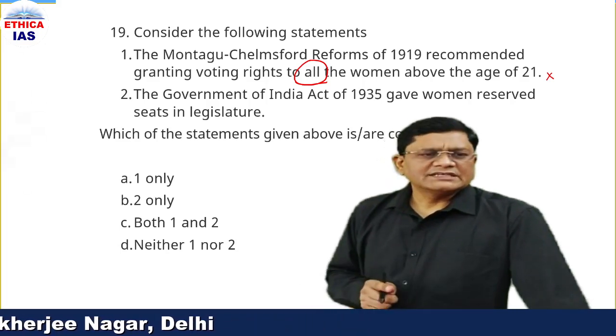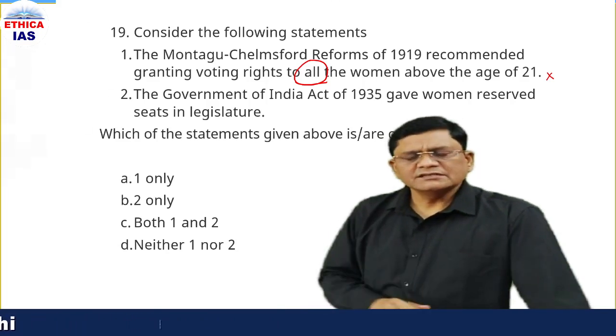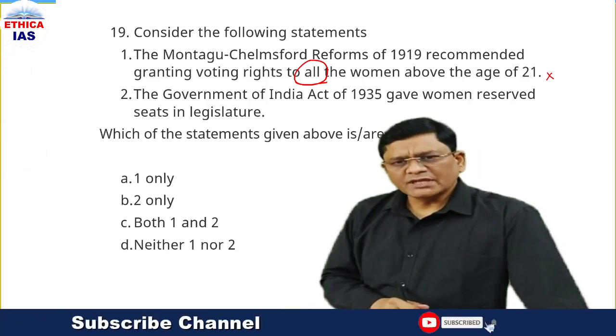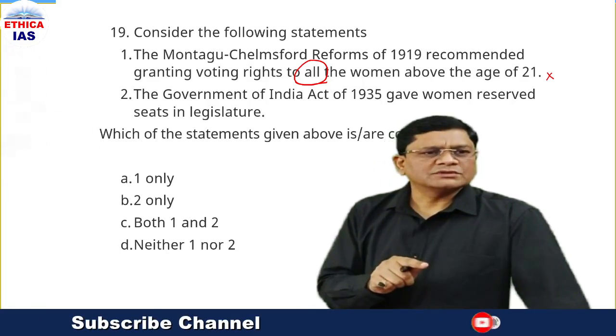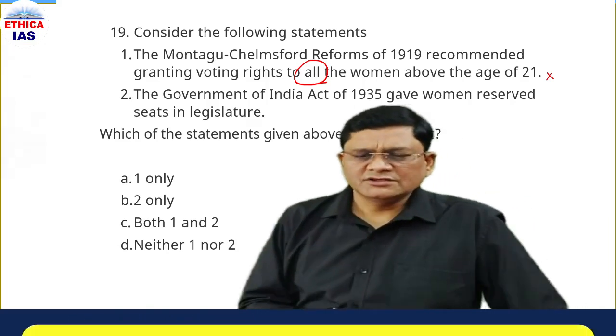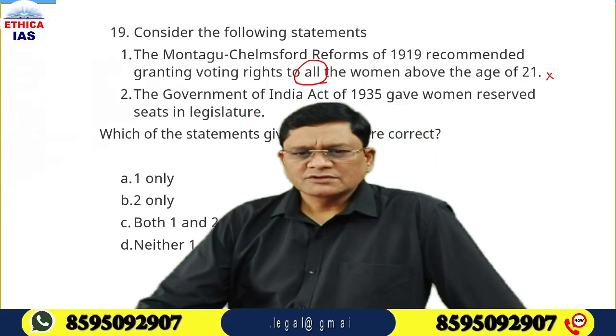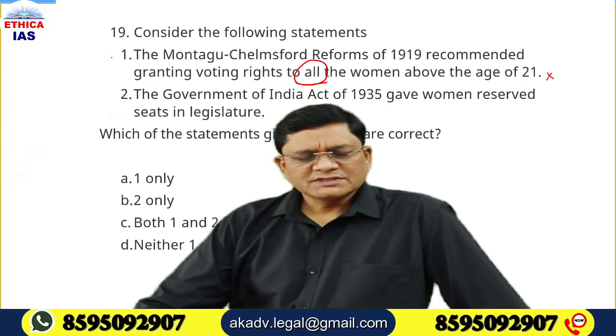In Act of 1919, women were awarded right to vote, but under certain limitations, and this right was not given to all women. So first statement is not correct.